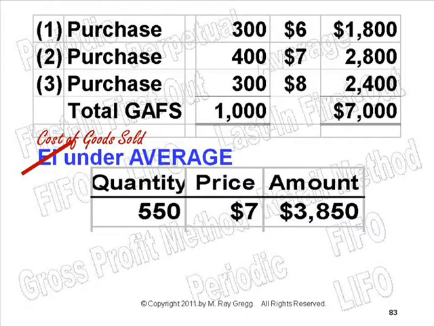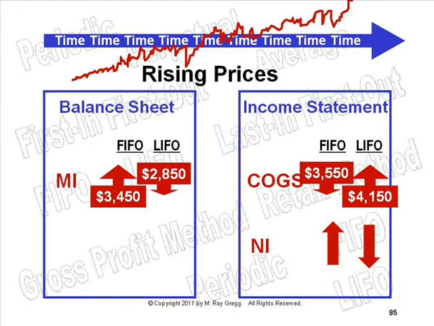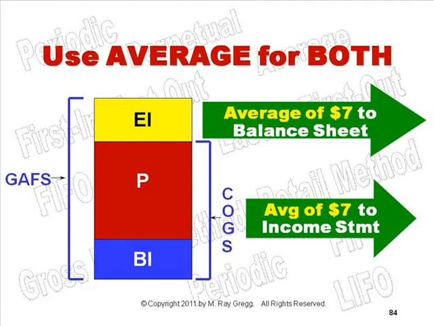Those 550 units should be valued at $7 a piece. 550 times 7 is $3,850. That's the same amount we got a moment ago when we used the formula method. But bigger than that, you should also see that average price of $7 is the amount we're using for balance sheet and income statement presentation. The average amount determines both.